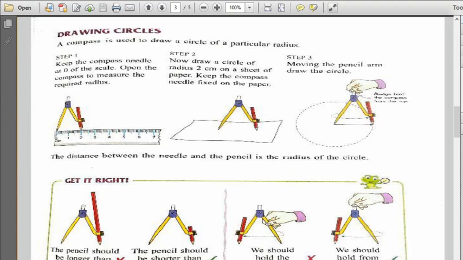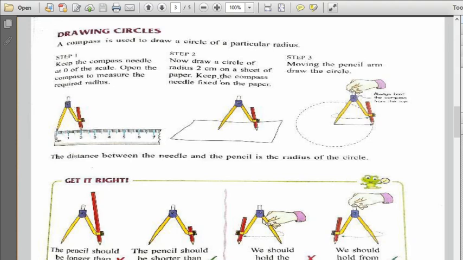Keep the compass needle at 0 of the scale. So always the needle of the compass will be at 0. Open the compass to measure the required radius. Here we are drawing the circle of 2 cm. So we are measuring radius. Radius is of 2 cm. So we will open the other hand of compass to 2 cm.